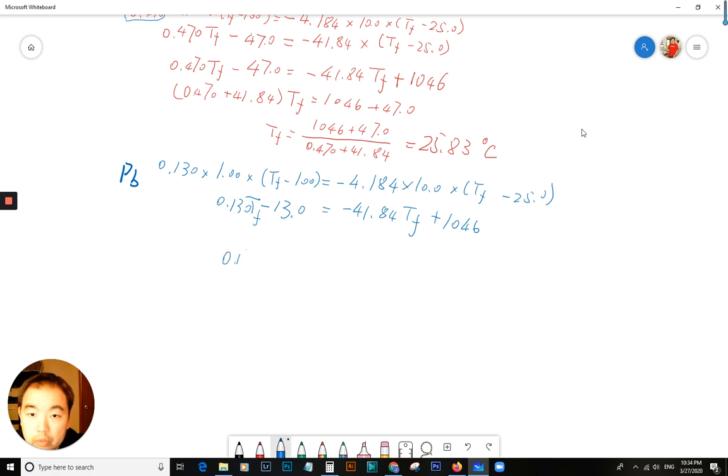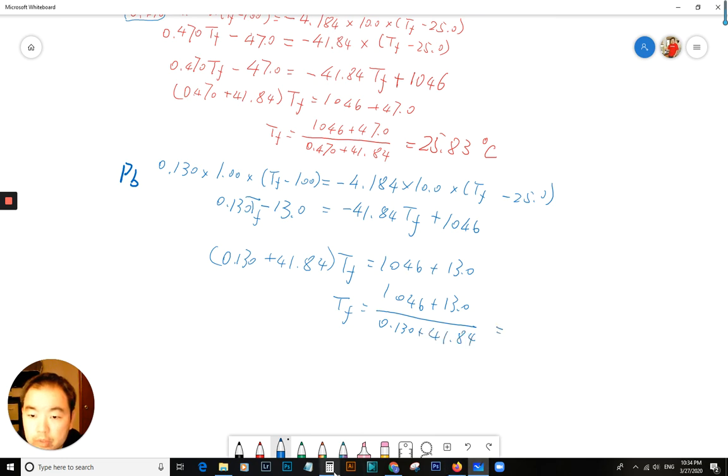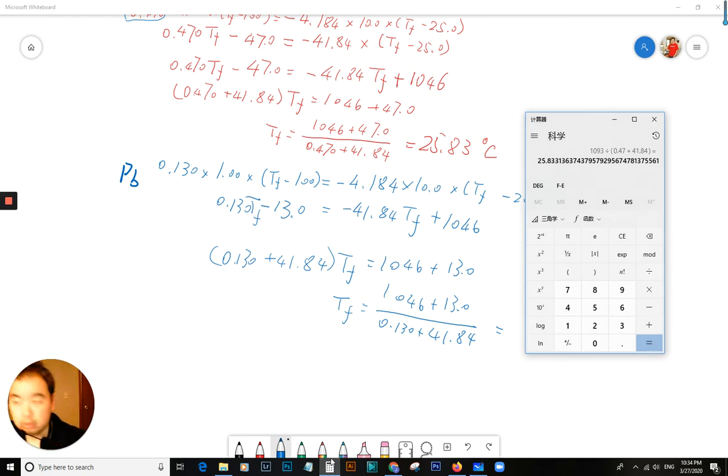Here is 0.130 plus 41.84 T final equal to 1046 plus 13.0. The final temperature is 1046 plus 13.0 divided by 0.13 plus 41.84.